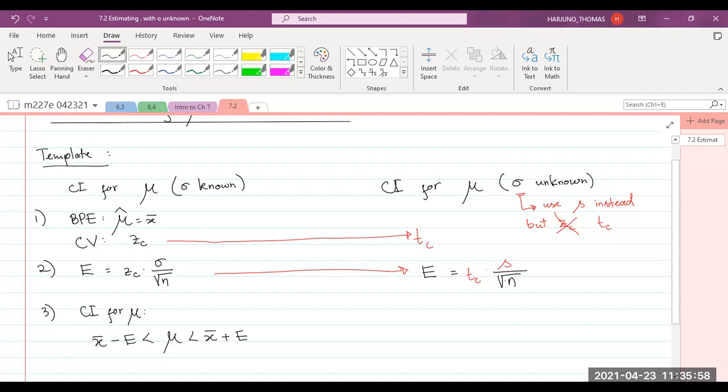The one thing that changes, I write in a different color. Everything else stays the same.